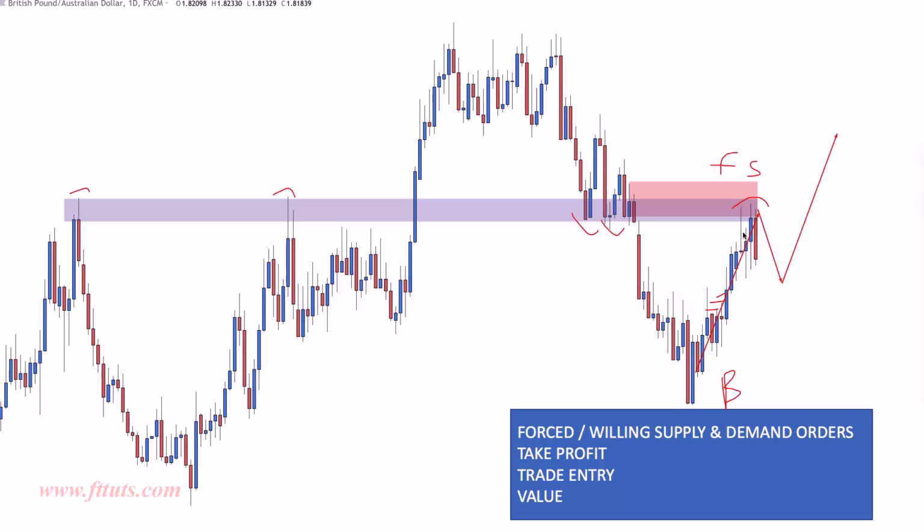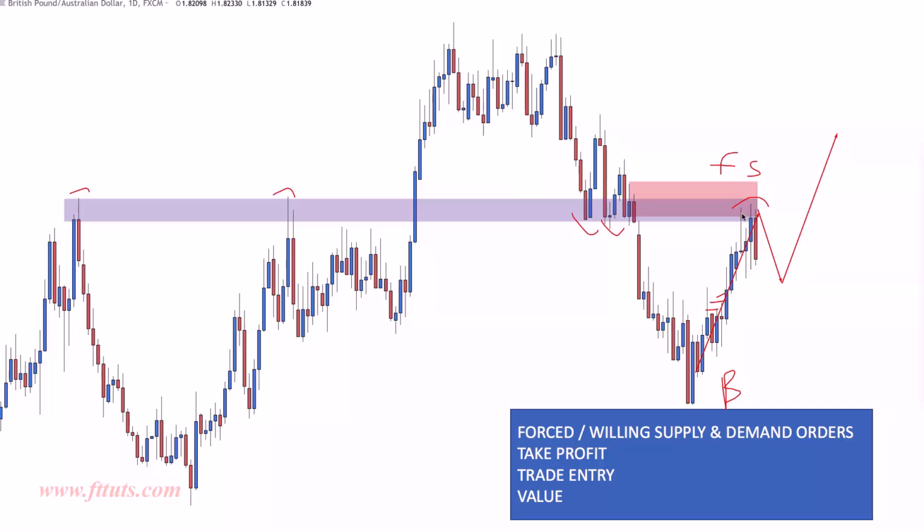And then we also have traders who are looking at willing supply. So traders are going to be looking at this level who haven't entered yet, didn't enter down here, and what they're doing is they're looking to enter a new trade at what is considered resistance.